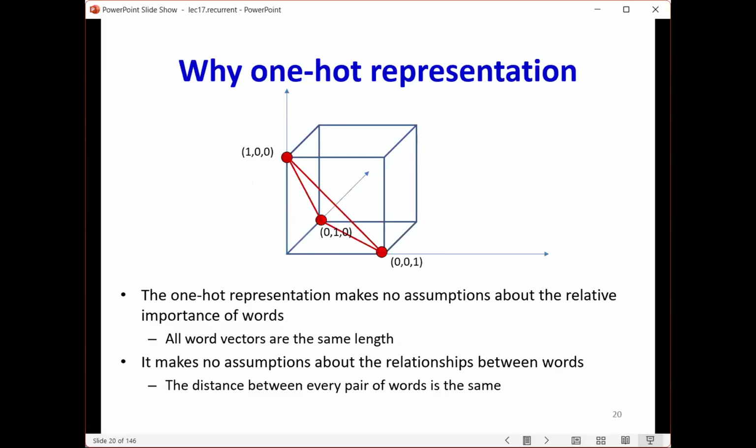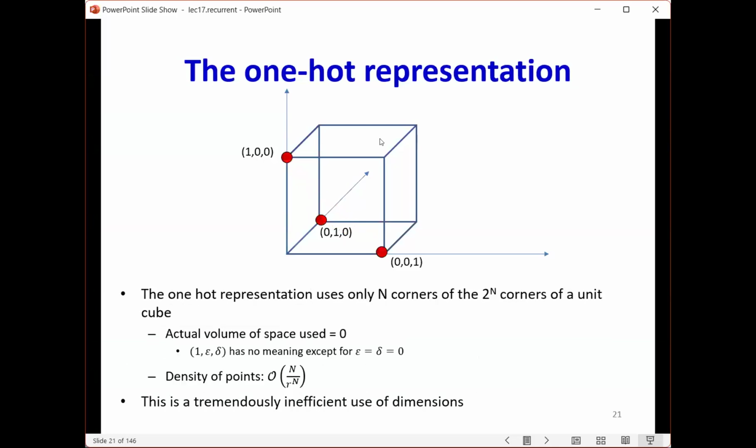And so a one-hot representation makes no assumption about the importance of words. They're all equally long. And it makes no assumption about how close words are to one another because they're all equidistant from one another. That's why we use one-hot representations.